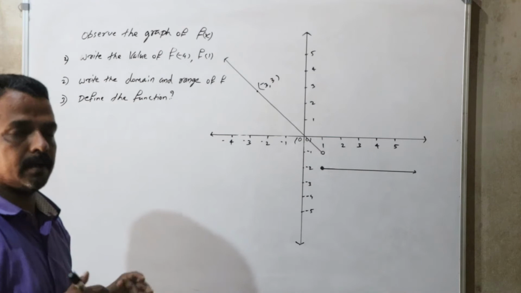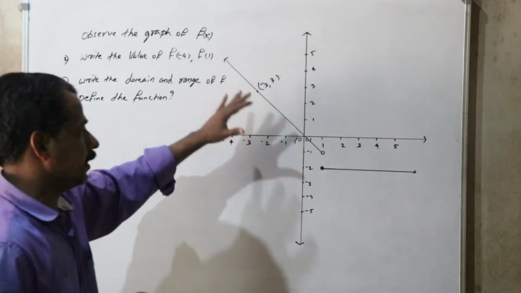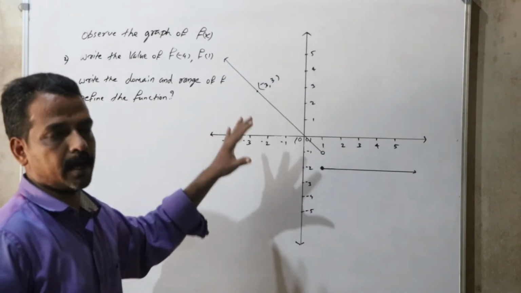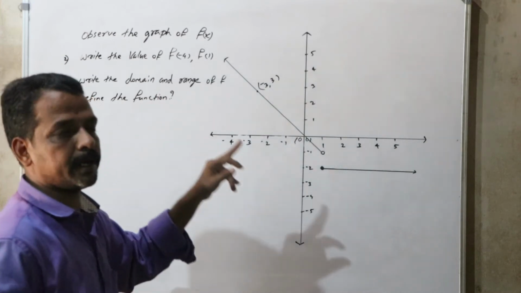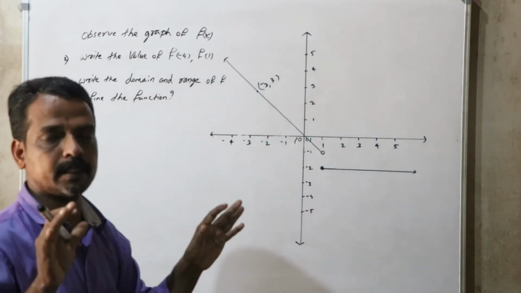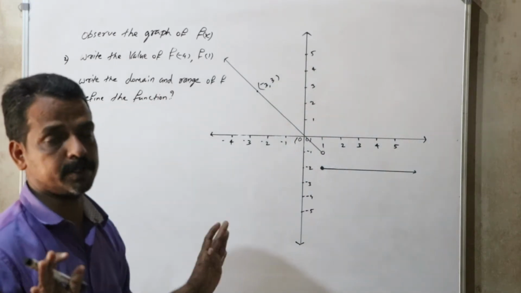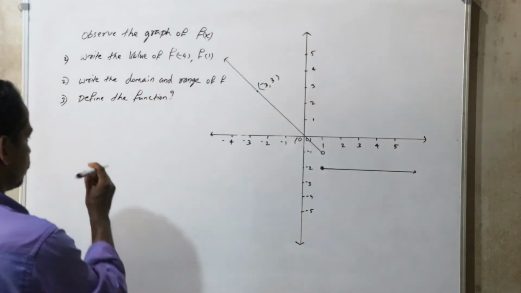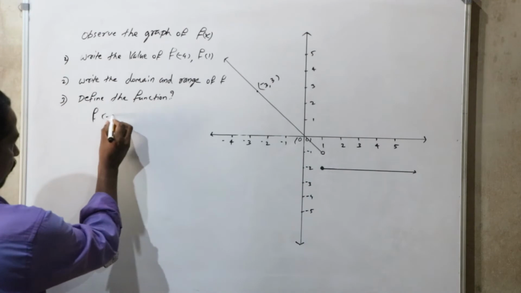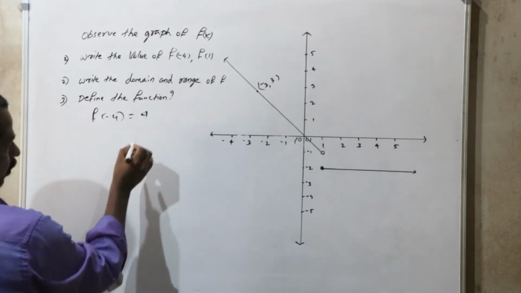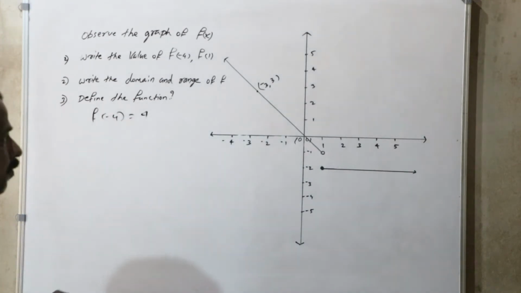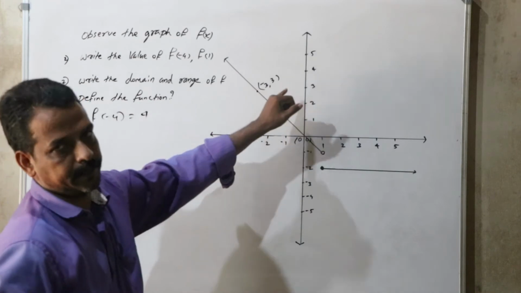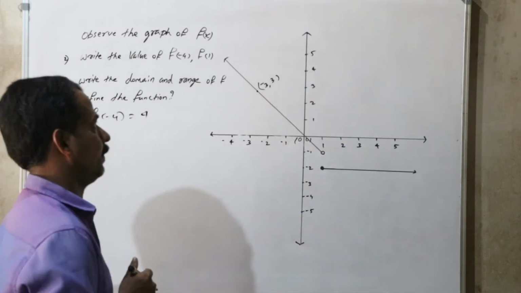We know that in this particular graph, the x coordinate is minus 4 and the y coordinate is positive 4. Okay. F of minus 4 is equal to 4.